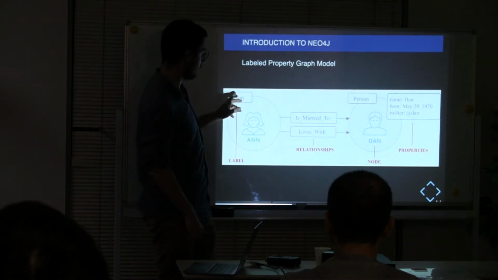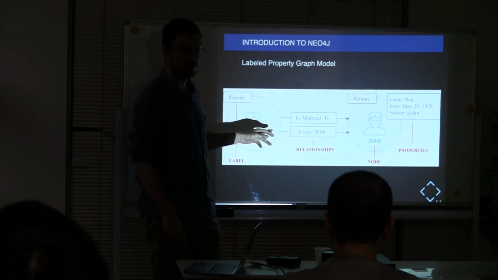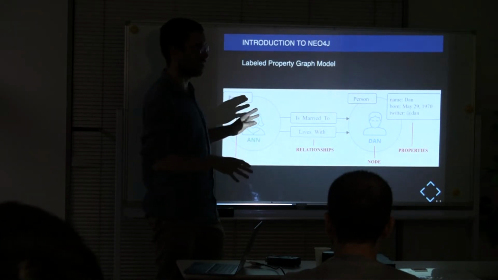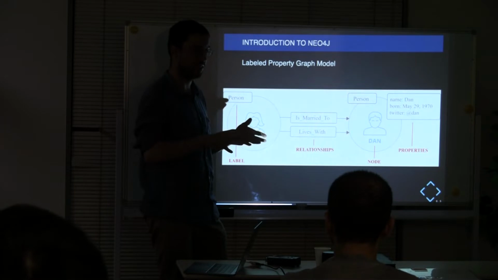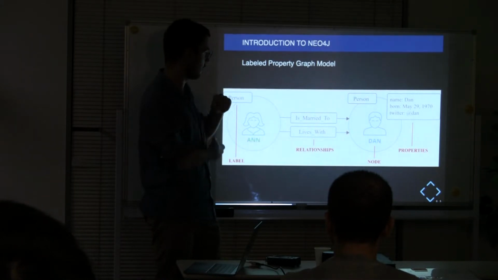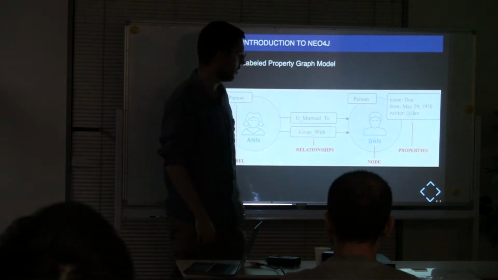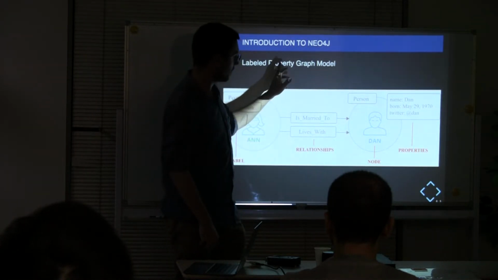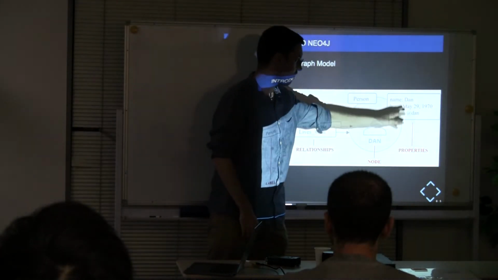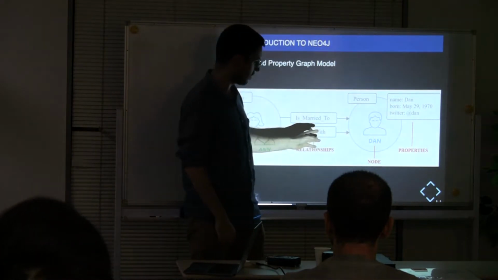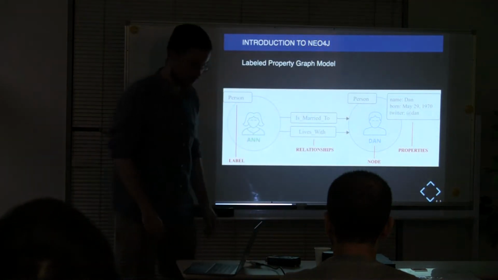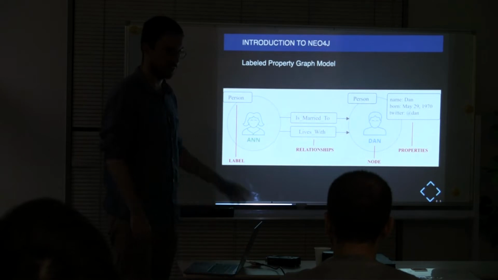Then you have labels, so you can label nodes. If you're coming from SQL, it's kind of like a table entity if you want to make a comparison. Here we have 2 nodes that are labeled Person. It's a property graph, so nodes can have properties, and relationships as well can have properties.